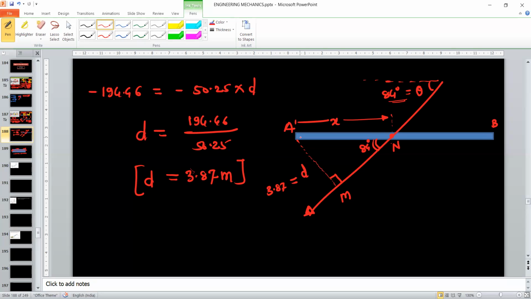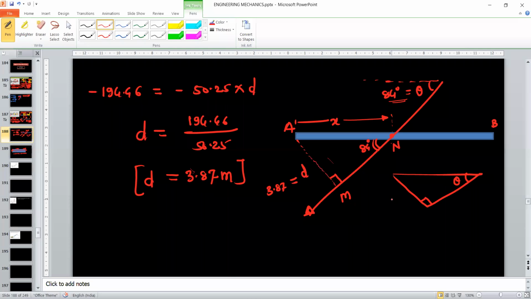Okay, so in the triangle AMN, this is the opposite side, so you can use the sine. I will redraw the triangle. This is 90 degree. This is theta.